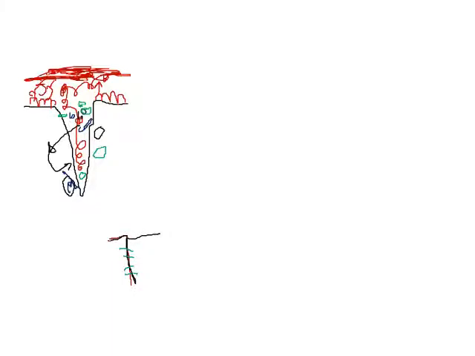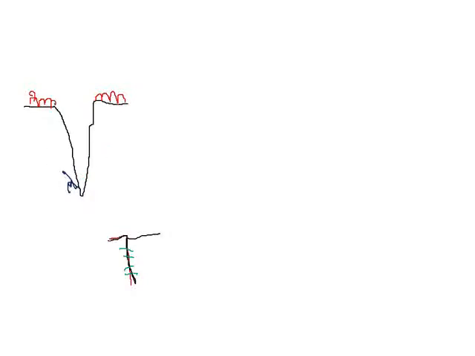Then the epithelial layer migrates and proliferates to close this gap. Again, I will clean the spaces here. Yes, the blood clot is totally digested and there are no more blood clots here. And this is the epithelial layer, the crust.